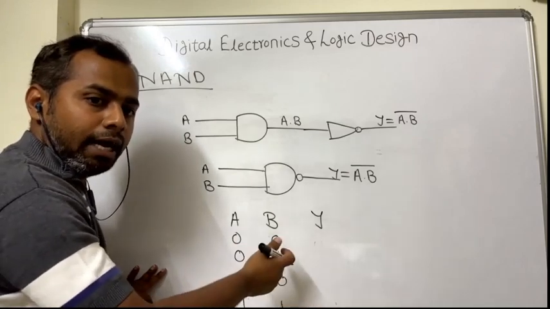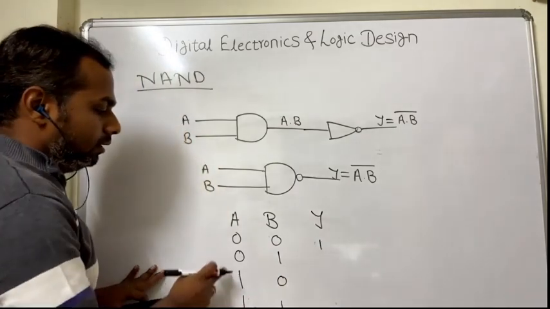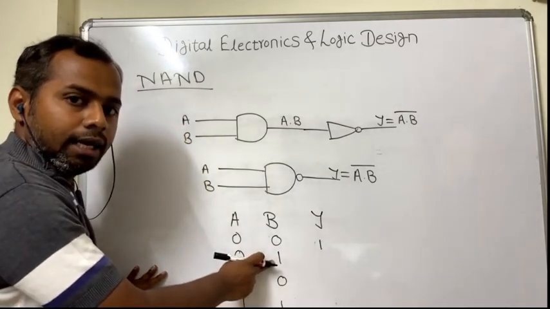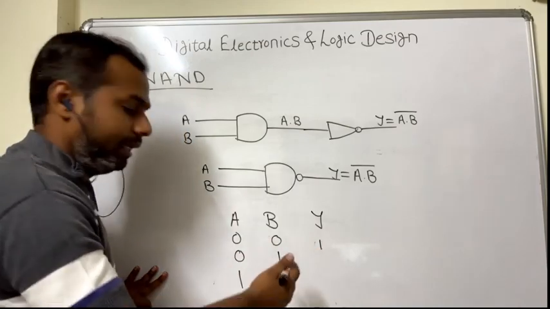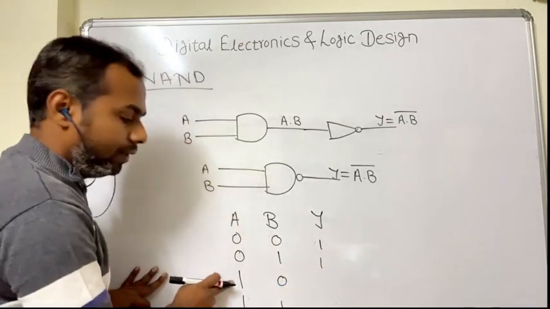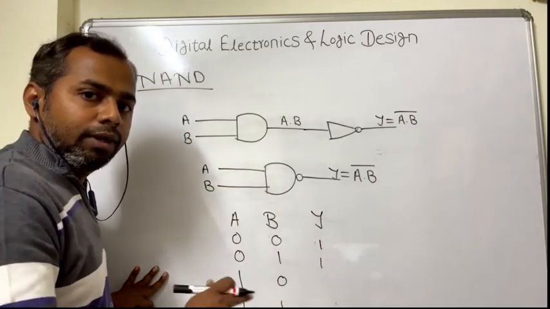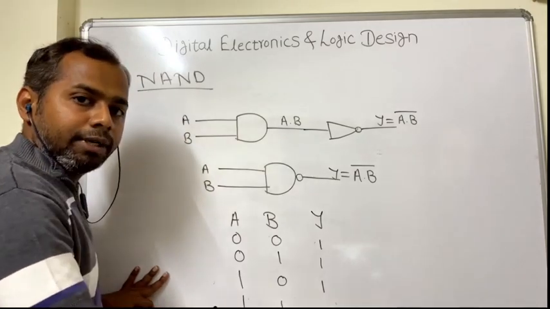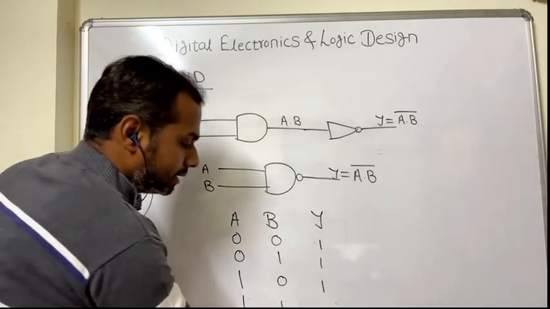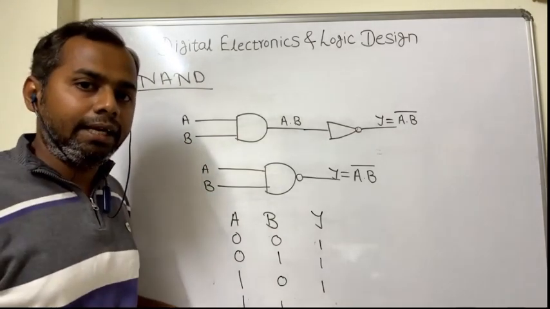It is 0 and its complement is 1. 0 1 AND operation, 0, its complement 1. 1 0 AND operation, 0, its complement is 1. 1 1 AND operation, its complement is 0. So this is the truth table of NAND gate.